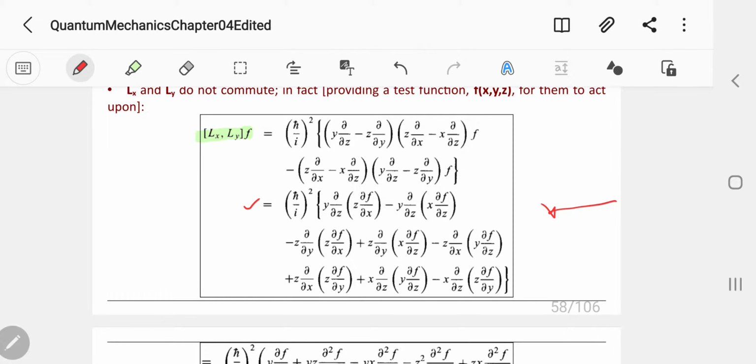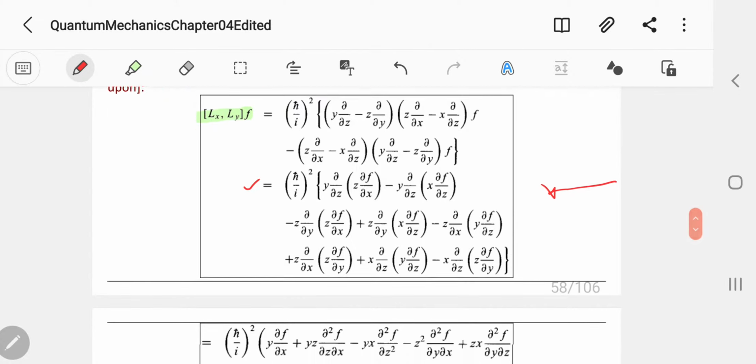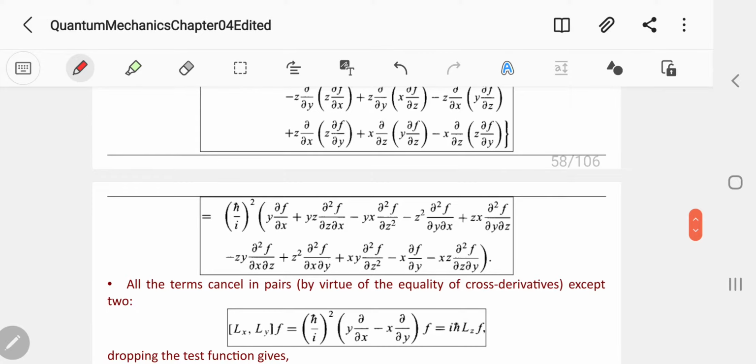And then finally you will have this result, and then you can cancel this one here because the order of differentiation doesn't matter in partial derivatives. You can take the derivative with respect to y first, or with respect to x first, then y, or the other way around. It doesn't matter. So they cancel.